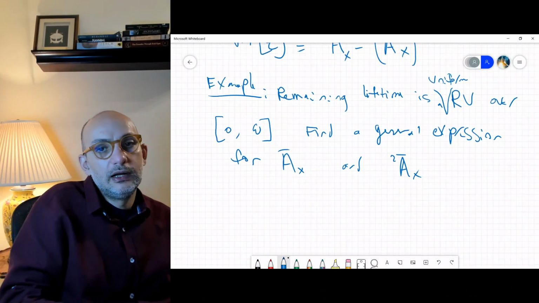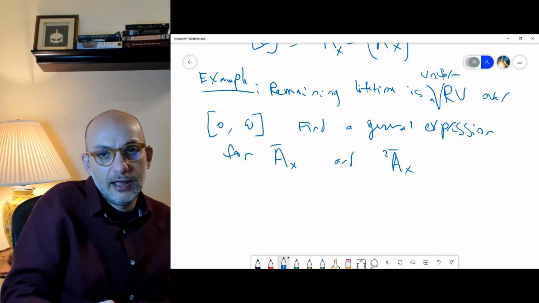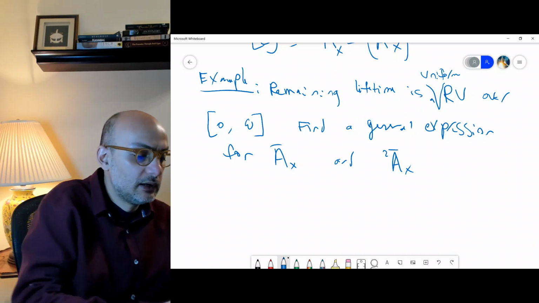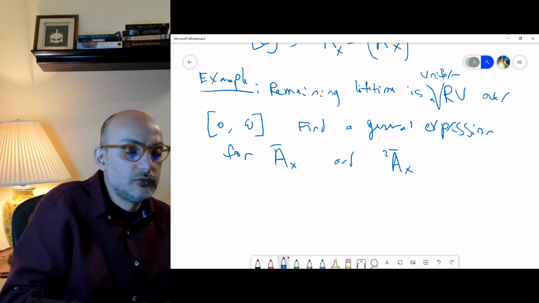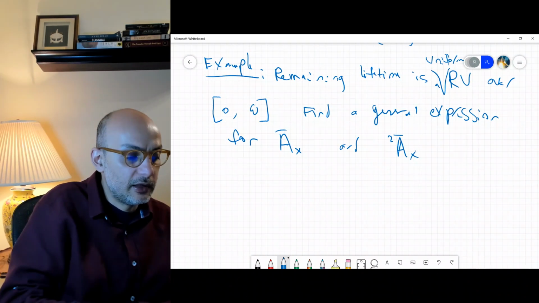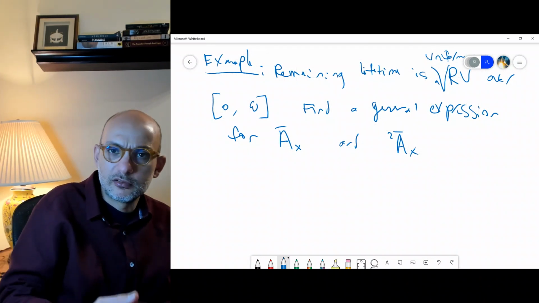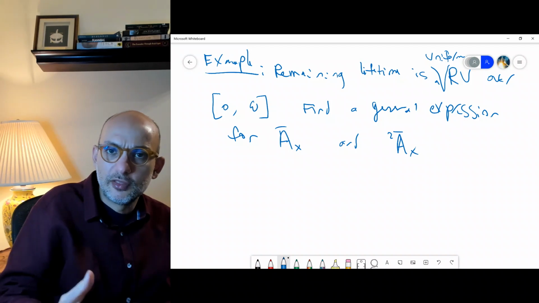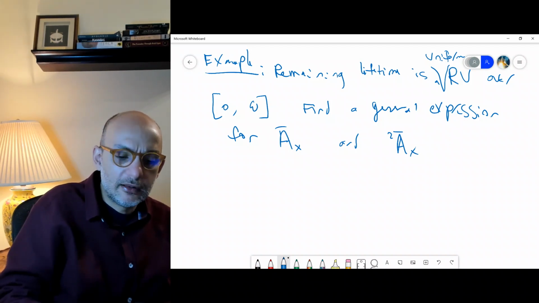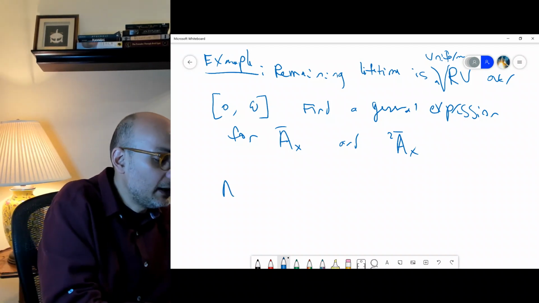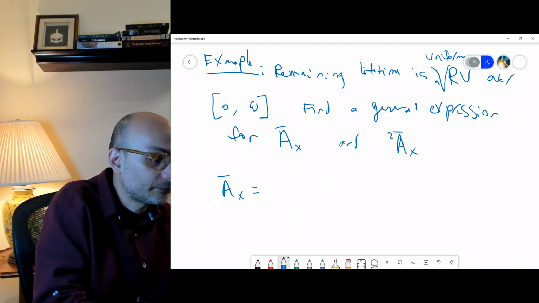So we need to find the expected value of the present value of the whole life insurance, in a general form. This is very important because in many questions you don't need to integrate all the time. If you know the formula, you can calculate it quickly. So remember, A X bar is the expected value, right?